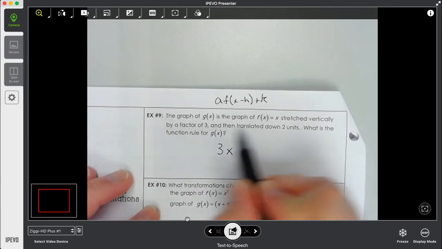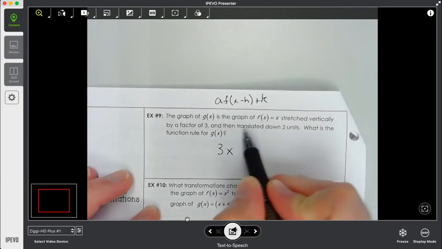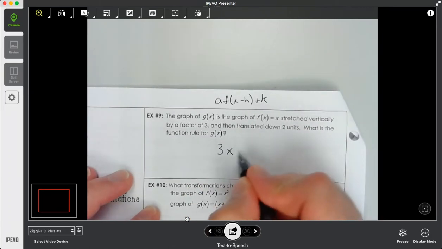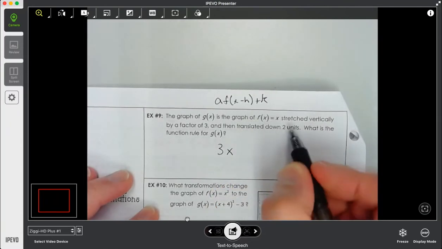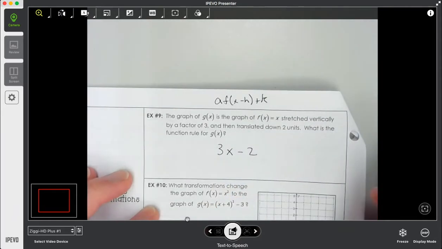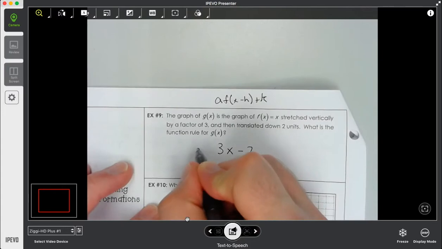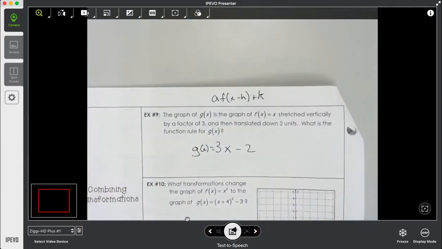We're not talking about a translation left or right. We're talking about translation down. So we don't need to change the x. So right now we've got 3x. And since we're translating down 2 units, we're going to subtract 2. And so our function rule for g of x is g of x equals 3x minus 2.